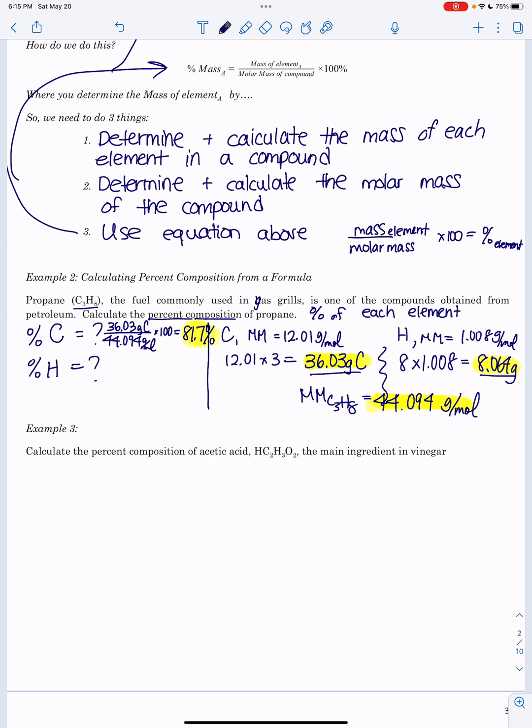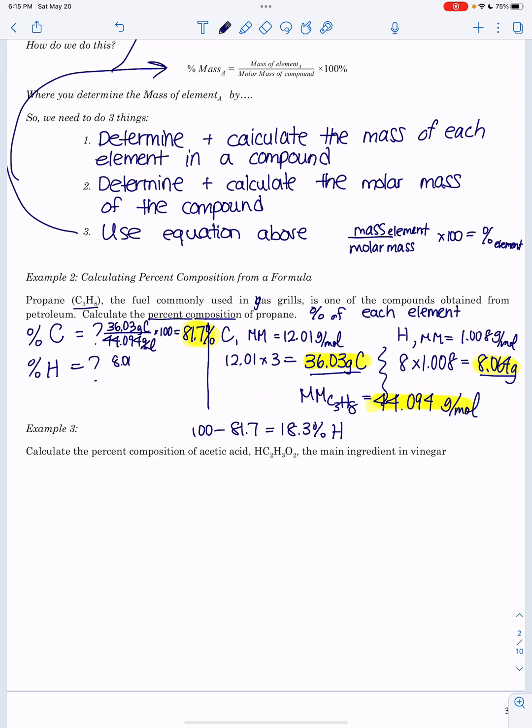And then, side note, rules of percentages, the sum of all the percentages should add up to 100. So 100 minus 81.7 should be 18.3% hydrogen. Let's see if we get that, because if I add 81.7 to 18.3, I should get 100. Let's see if we get that.